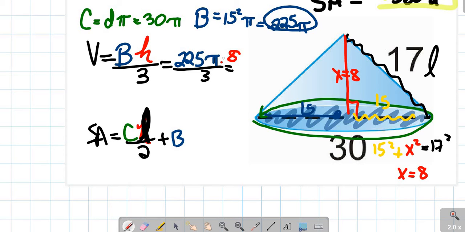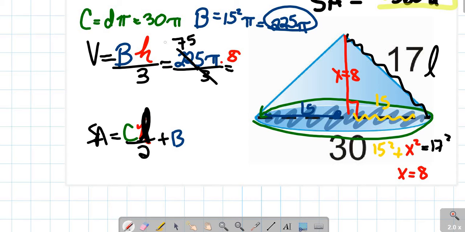Now, 3 doesn't go into 225. Wait a minute, it does. I apologize. 3 does go into 225. 3 goes in there 75. So this is called the exact terms. If it didn't go in evenly, you just leave it as a fraction.